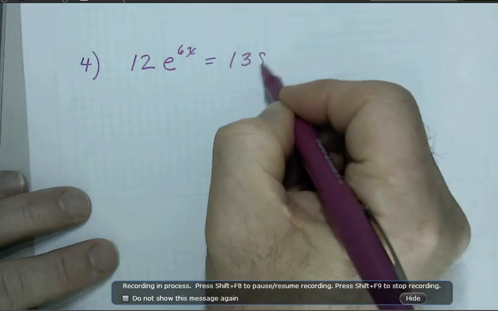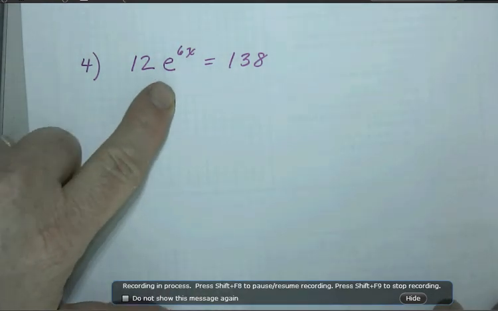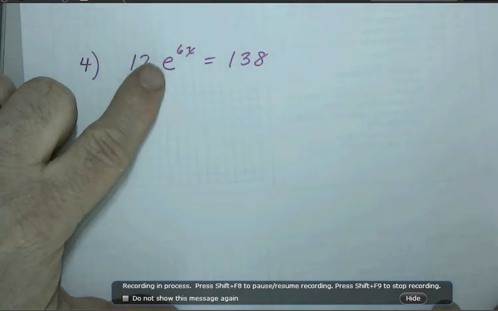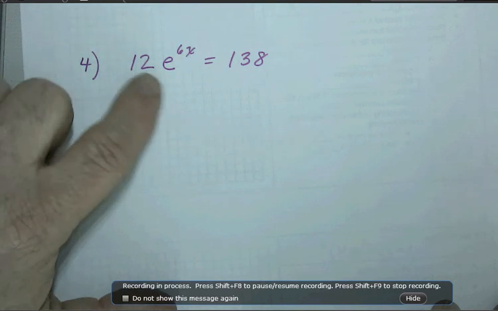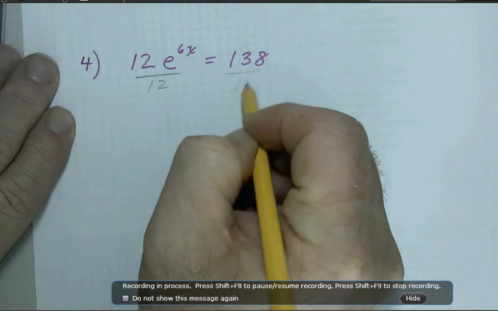So maybe our equation looks something like this, where our base is e. Well, first thing to solving that is I can't talk about what power of e, because 12's in the way. I got to get rid of 12. So that's got to go first. So first thing that happens is divide by 12.